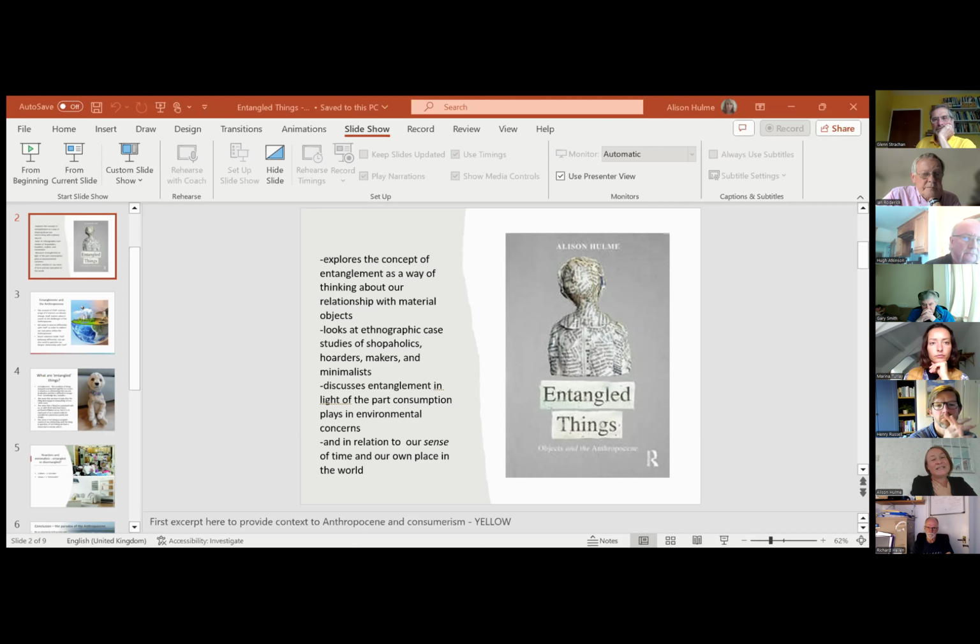So essentially, I should give a bit of context, just in case anybody is unaware of this term of the Anthropocene. It was introduced by a scientist, Paul Crutzen, who first suggested we were living in this thing called the Anthropocene, which is a new geological epoch in which humans are the thing that most alters the planet.